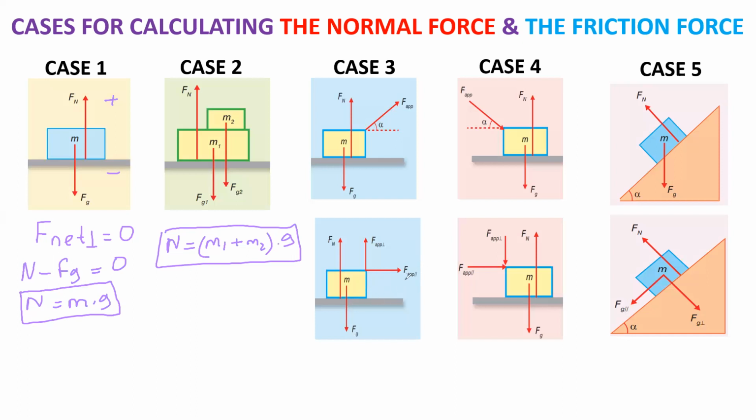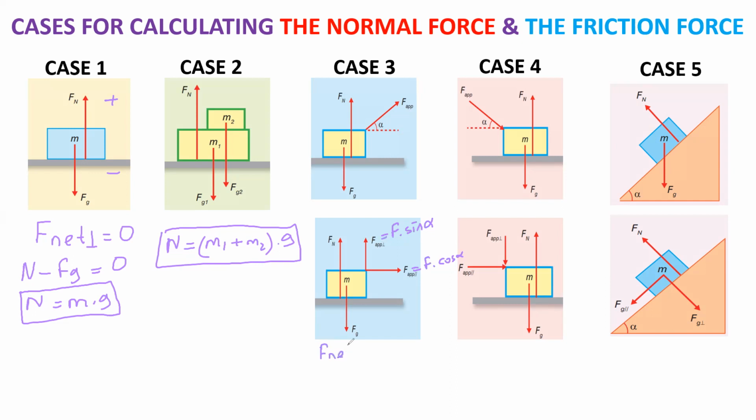We are using F apply parallel. For example, we can use F apply times cos alpha, and for perpendicular, F apply times sine alpha. As you see, with normal force we have up. So as you see 2 forces, you can use Newton's first law one more time.